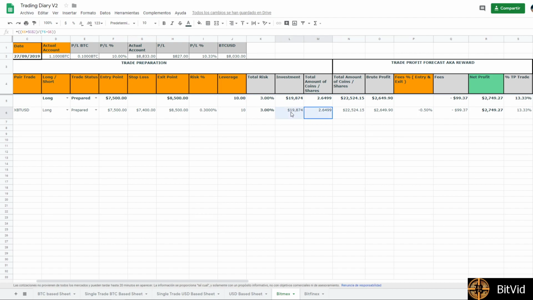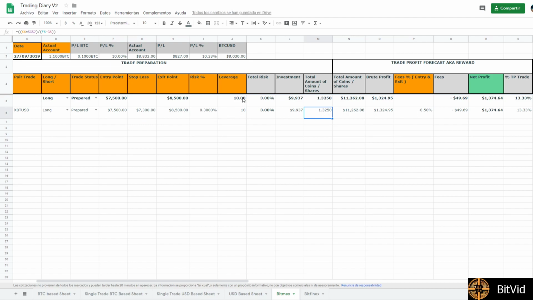This is an important thing. As you can see, if you put less risk, the amount of bitcoin will be less. If you put more risk, the position size will be higher, but the risk is also higher. Also, one thing to know is this one. If we lower the stop loss, you will see that the position size will be lower.